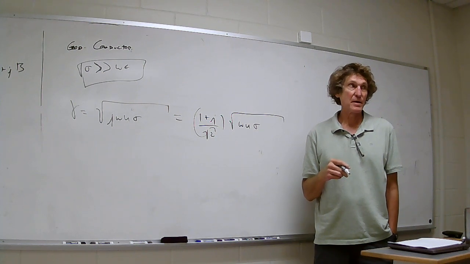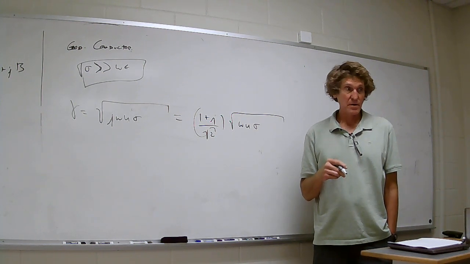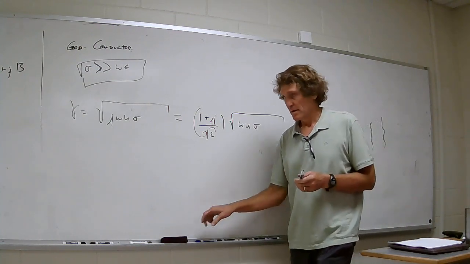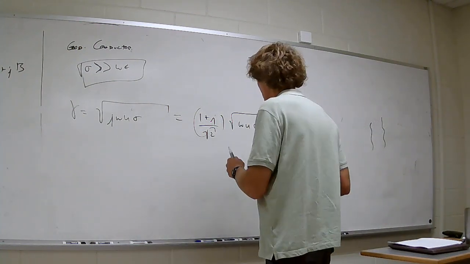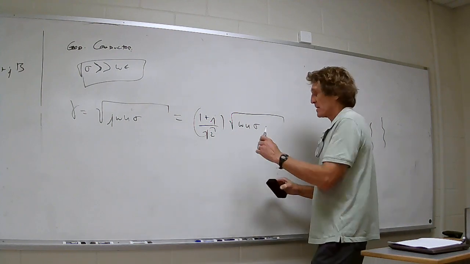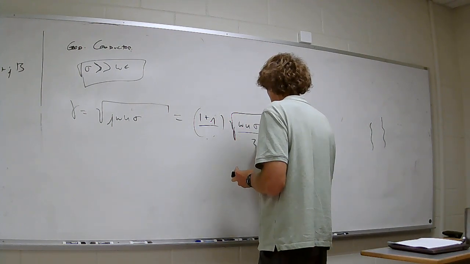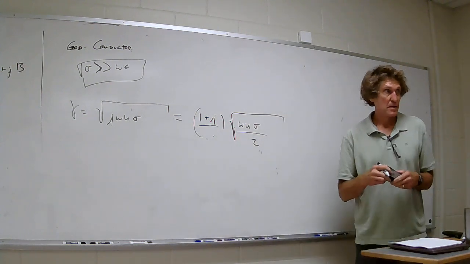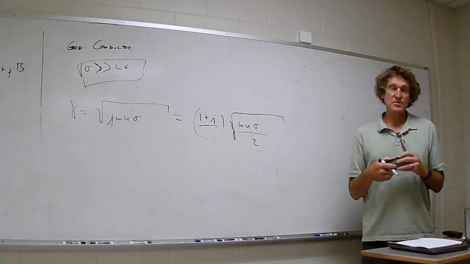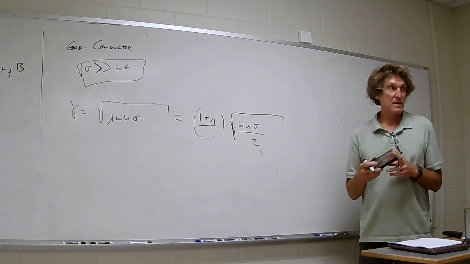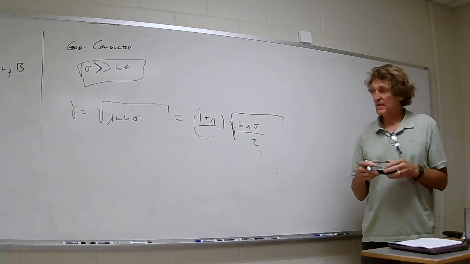Just bear with me. This is for a good conductor, correct? Now, watch. That square root of 2 I can bring under here. I can actually make this root 2 right here, can't I? There are no tricks here. I'm just shoving things around to make it a little easier to see. Agreed, class?